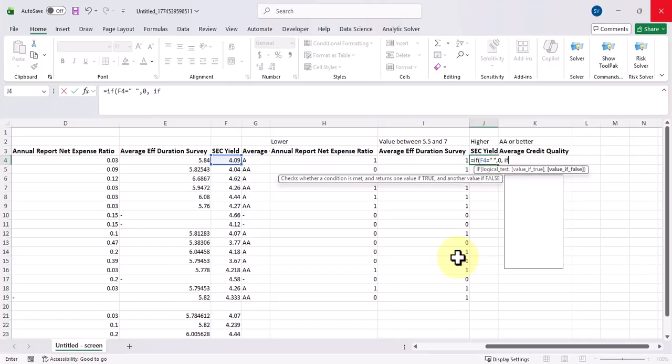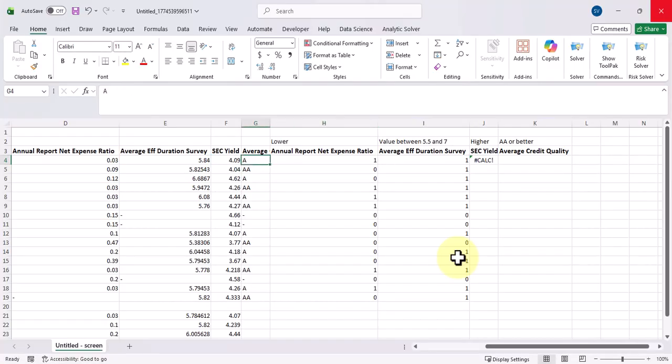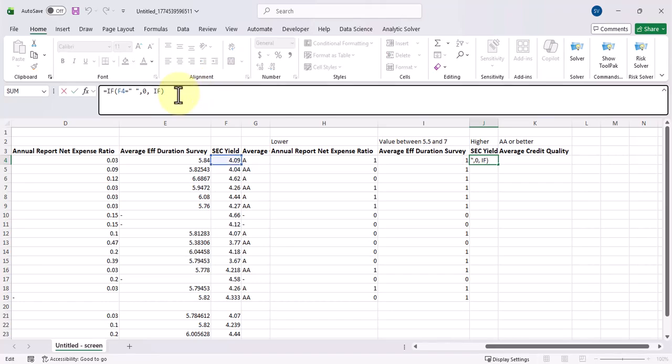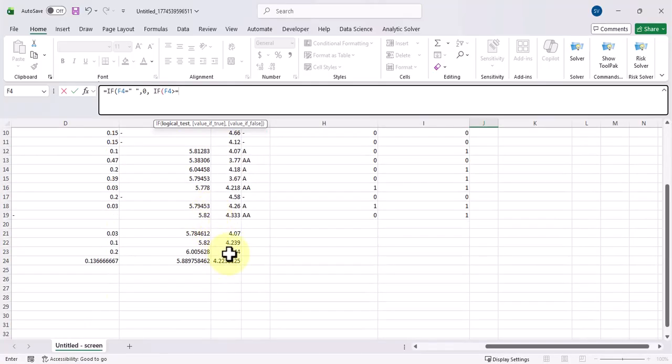And if it's not a blank, then I want to say, okay, if that SEC yield is greater than or equal to the value in the upper quintile, and I'm going to lock that in place, then I want it to return a 1.